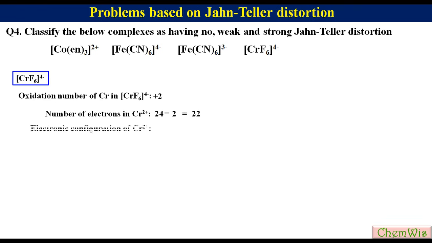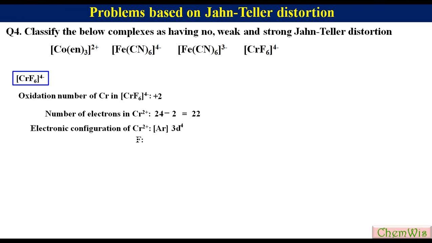To find the electronic configuration of Cr2+, write Ar 3d. Ar has 18 electrons, so the remaining number of electrons that will enter the d orbitals will be 22 minus 18, equal to 4. So this is an example of a d4 complex.